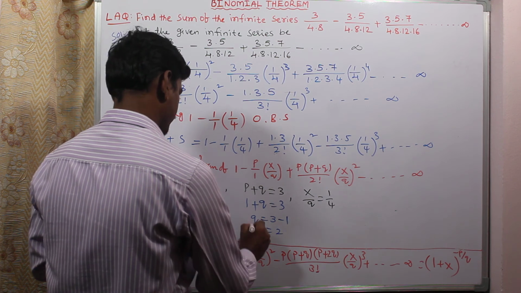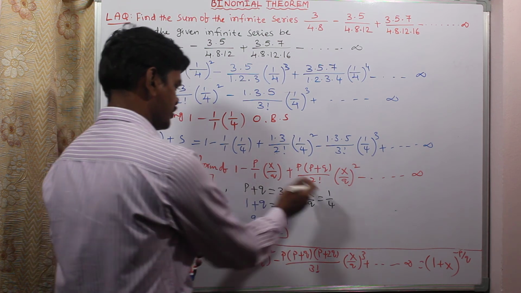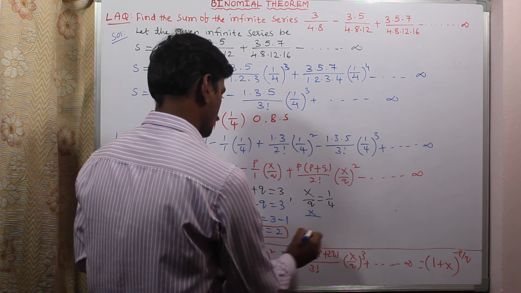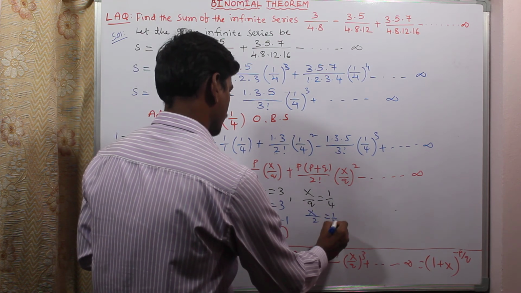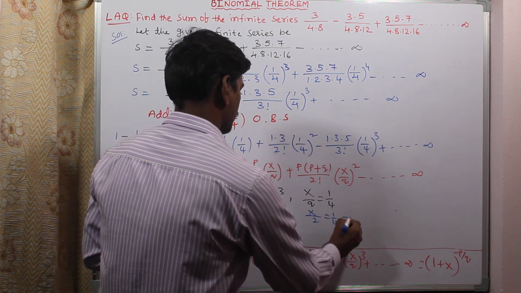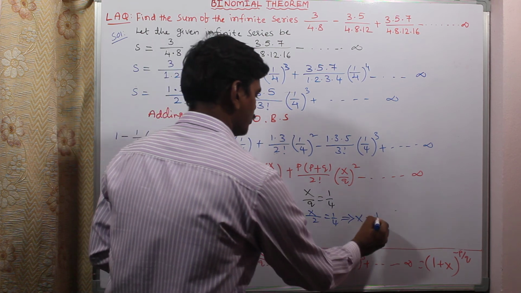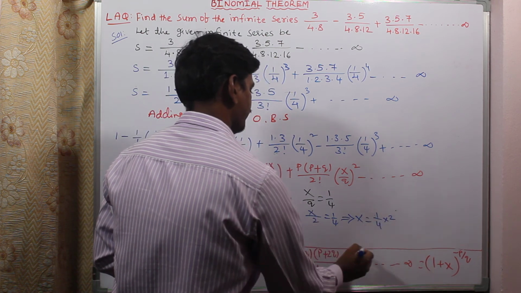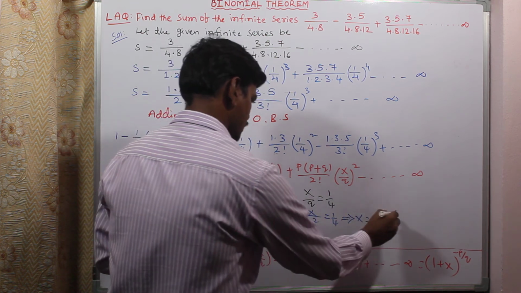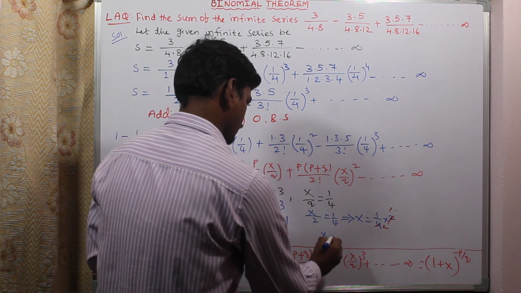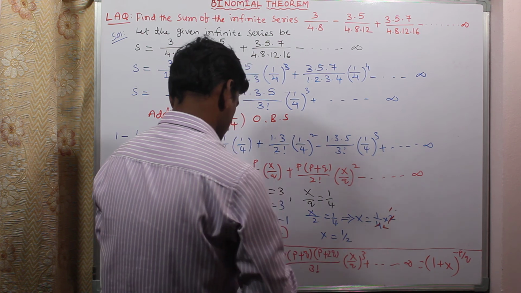Now substituting the q value here, we can find x by 2 is equal to 1 by 4. So x is equal to 1 by 4 into 2 by transposition, so 2 ones are 2, 2 fours are 8. So I got the capital X value 1 by 2.